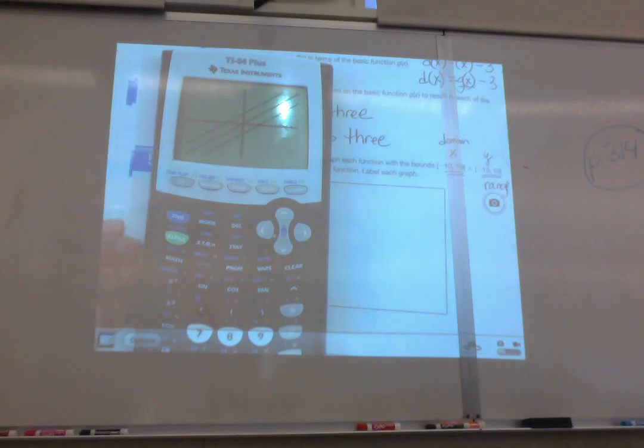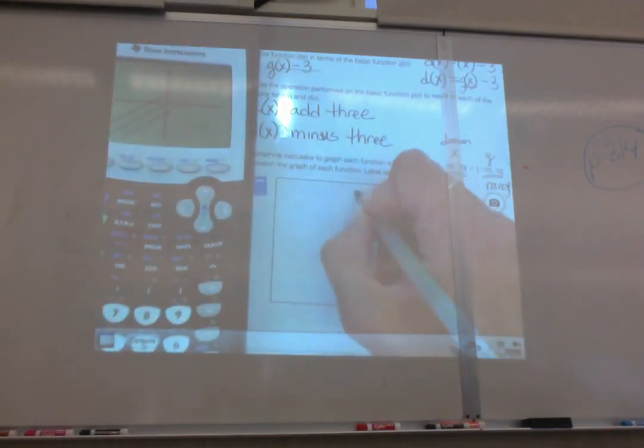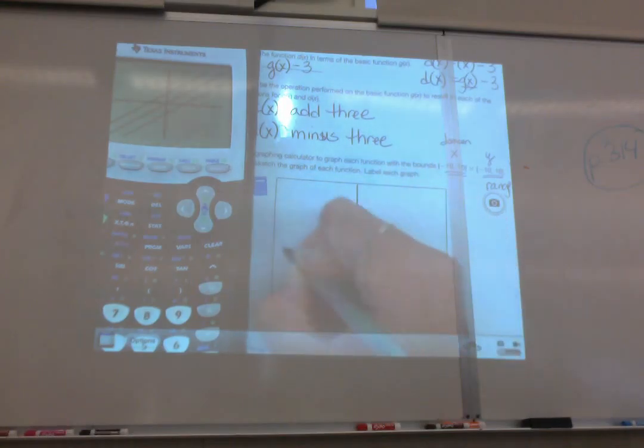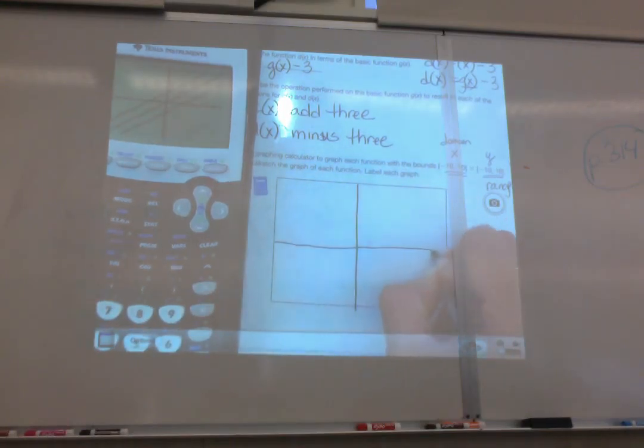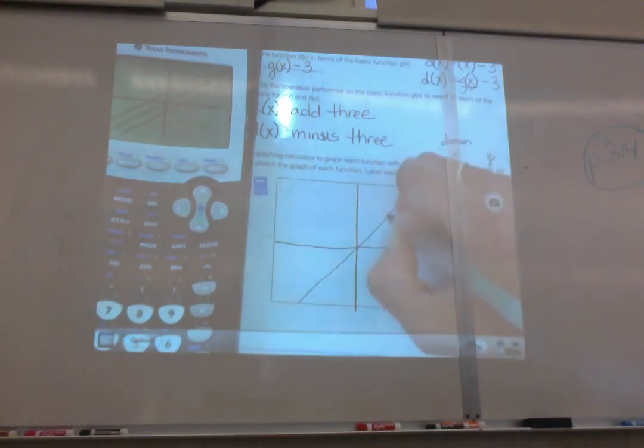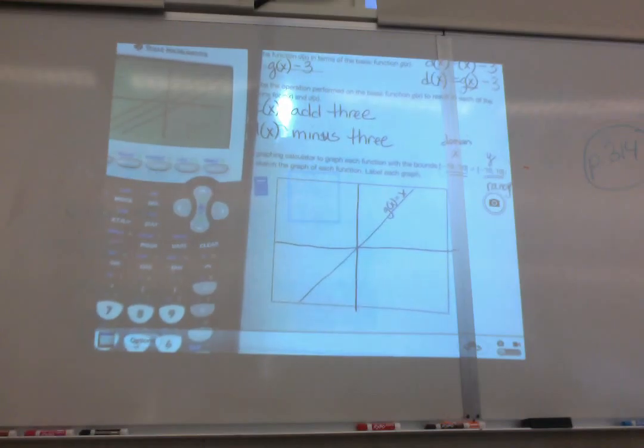Which one came in first? The middle. Okay, we need to sketch that. The middle came in first, and it is straight diagonal up the middle. That is g of x. Who remembers which came in next?